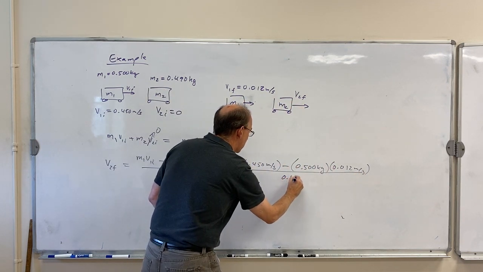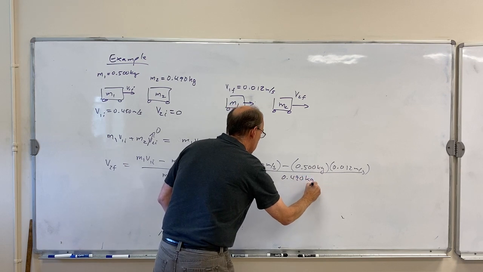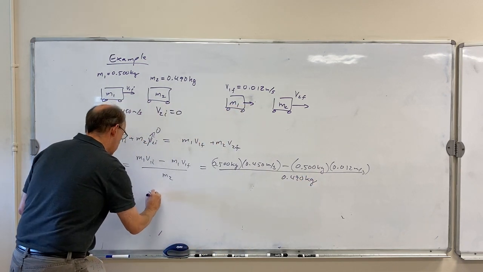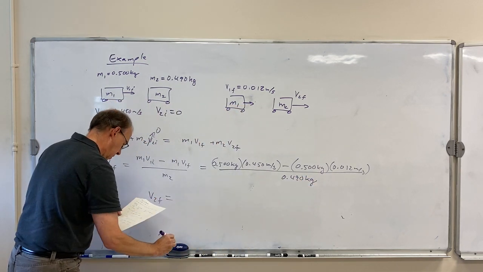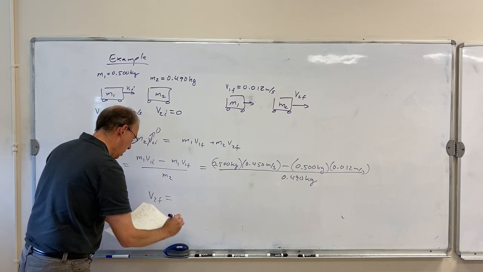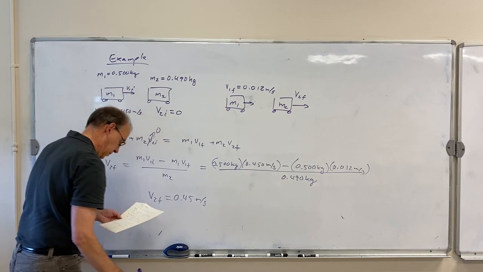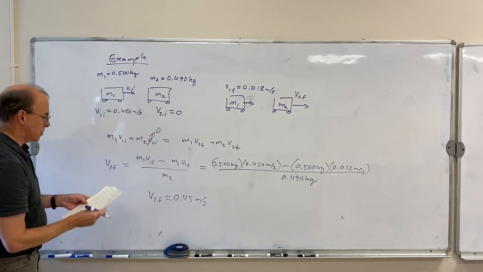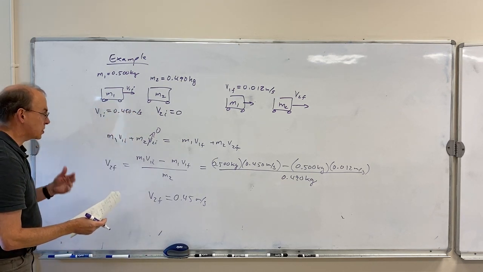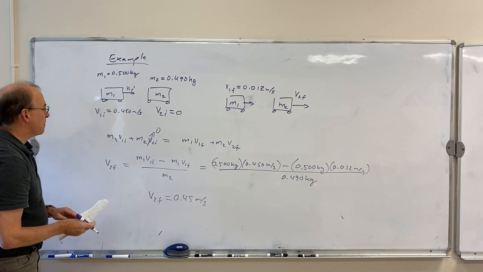M2 was 0.490 kilograms. And this gives me V2 final is 0.45 meters per second. I should have kept another digit, but I didn't.